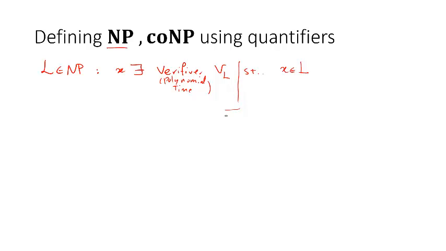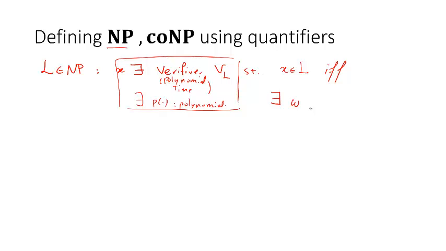And also there exists a polynomial bound, say p, some bound over the length of the witness, such that x belongs to L if and only if there exists some witness of length p(n), where n is the length of x, such that V accepts x and w.